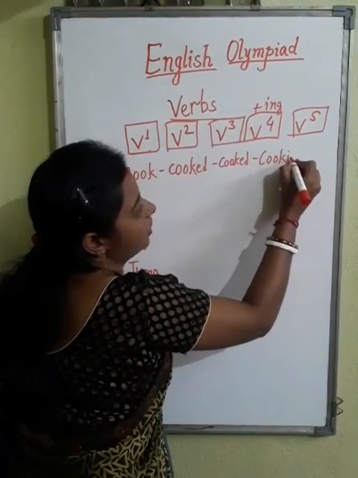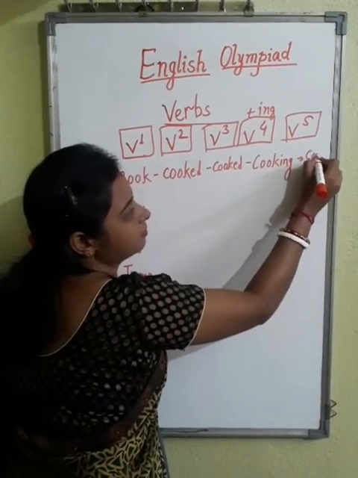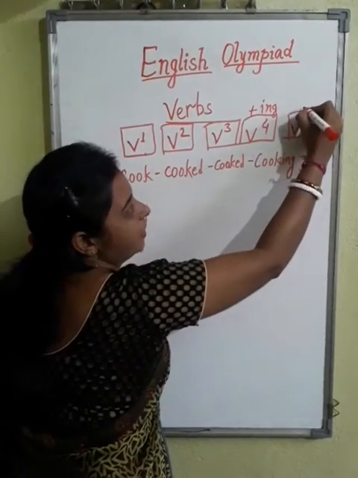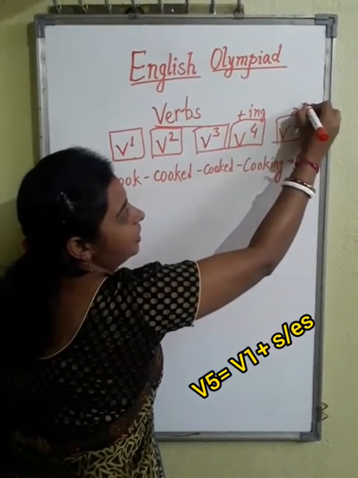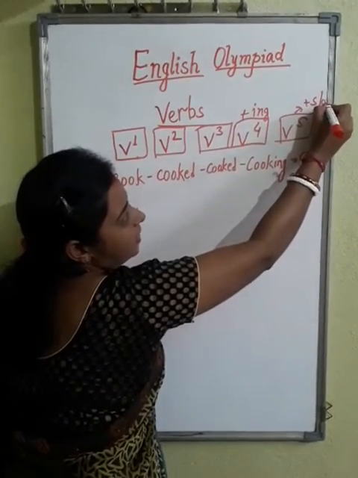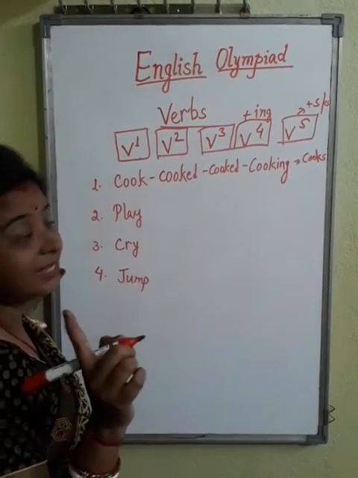Okay. Cooking. And V5 will be cooks. It means that in V5 we add only s or es. But in V4 we add ing.